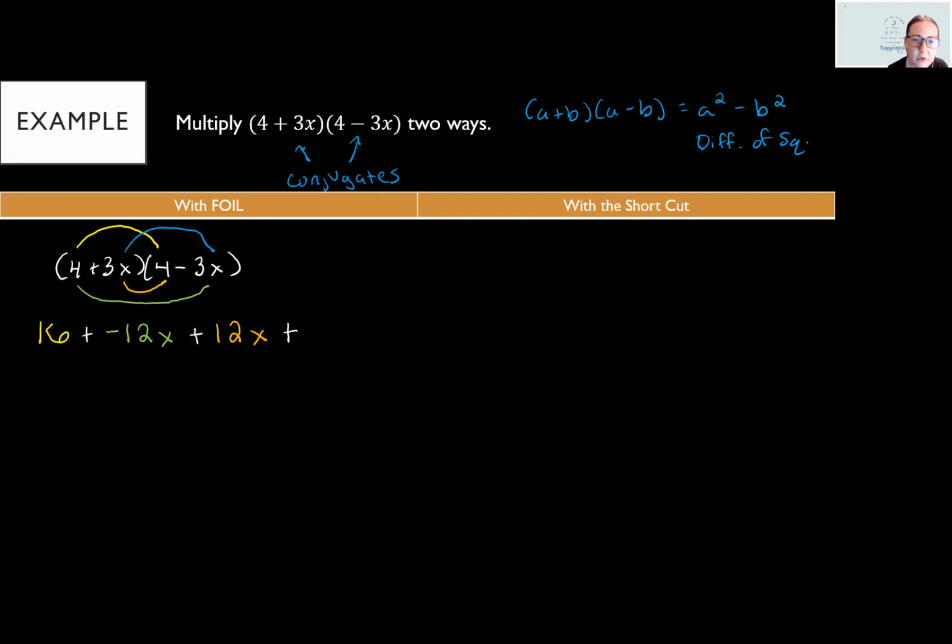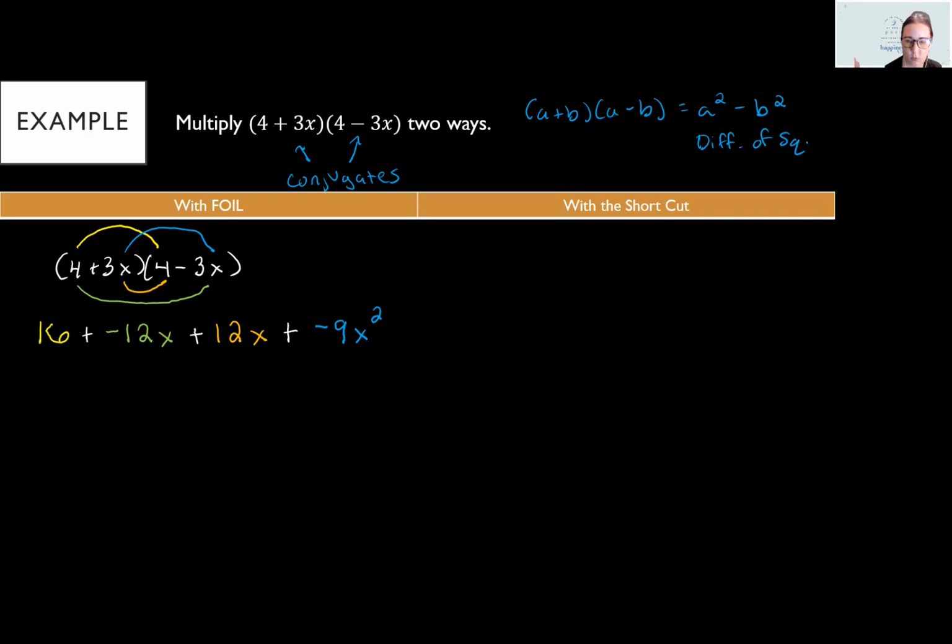So we have 3 times negative 3, which is a negative 9, and then x times x is x squared. So when we do FOIL, we end up with 16 plus negative 12x plus 12x plus negative 9x squared.